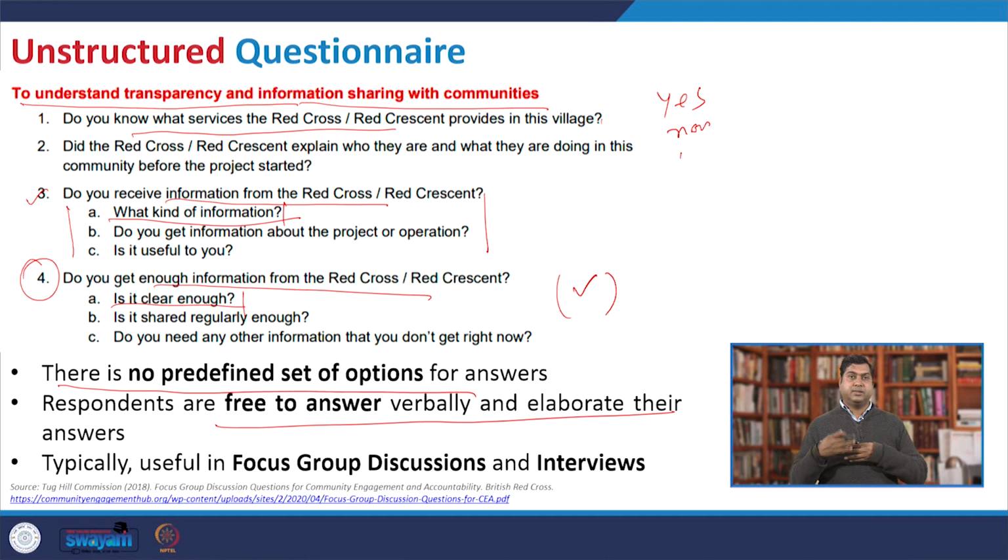So while the surveyor is interviewing that particular respondent, there is some kind of exchange of words and follow up questions, which can help to get an in depth understanding. Typically it is very useful for a focus group discussion or interview. So it is not like a rapid fire in the interview session.